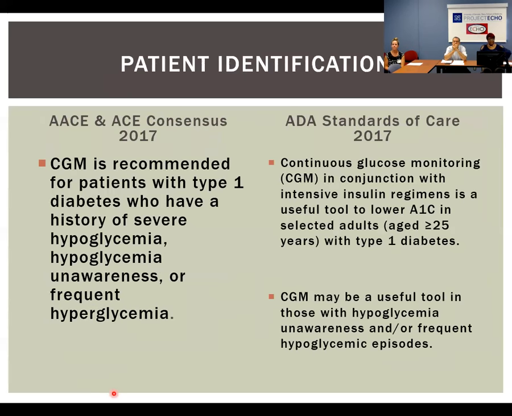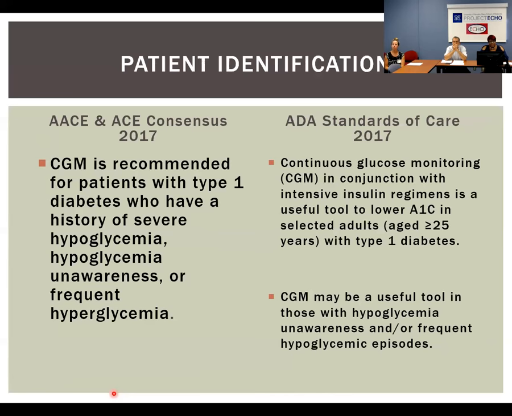We did talk about who should be on CGM. Certainly folks with type 1 diabetes with history of severe hypoglycemia, hypoglycemia unawareness, or frequent hypoglycemia. It is also found to be beneficial when you're trying to lower A1Cs in patients with type 1 diabetes over the age of 25, and has not been as beneficial in the younger population.